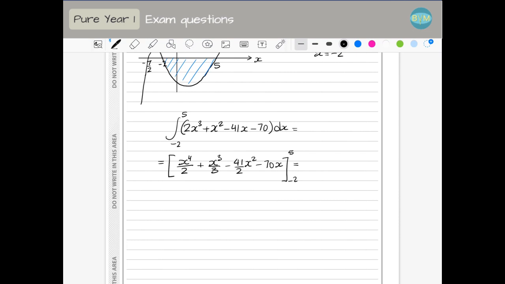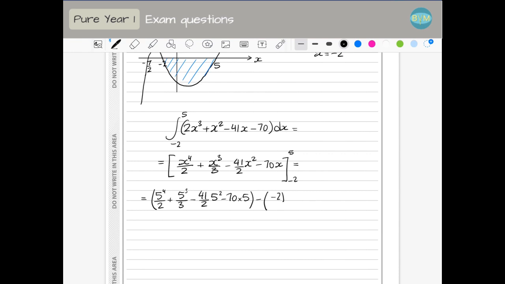And I'm just going to substitute. So I substitute the 5: 5 to the power of 4 divided by 2 plus 5 to the power of 3 divided by 3 minus 41 divided by 2 times 5 squared minus 70 times 5. And now I'm going to substitute the minus 2.